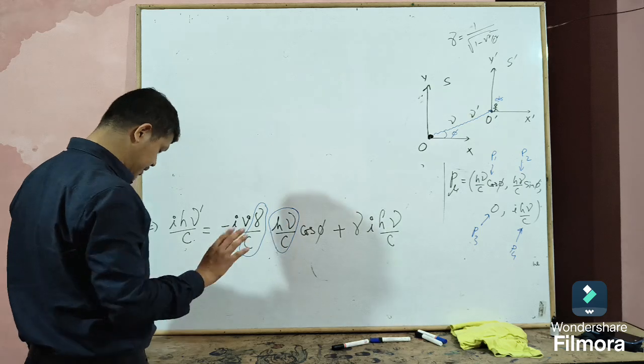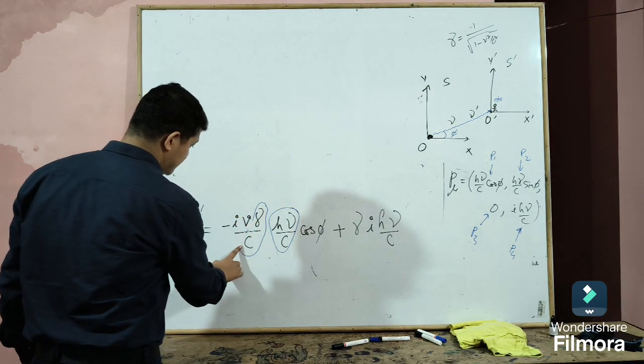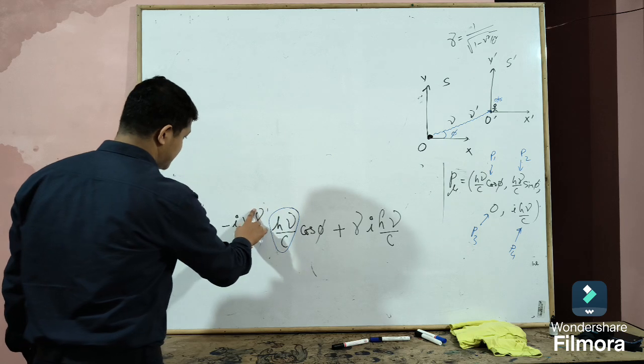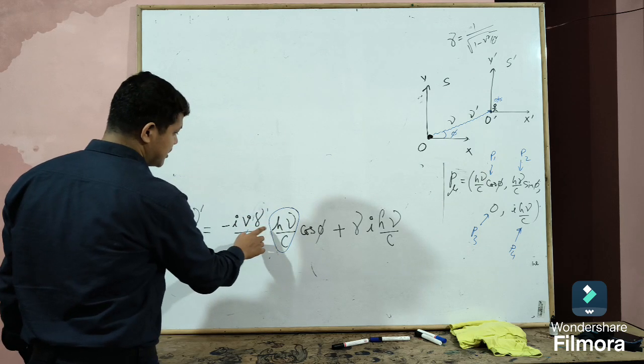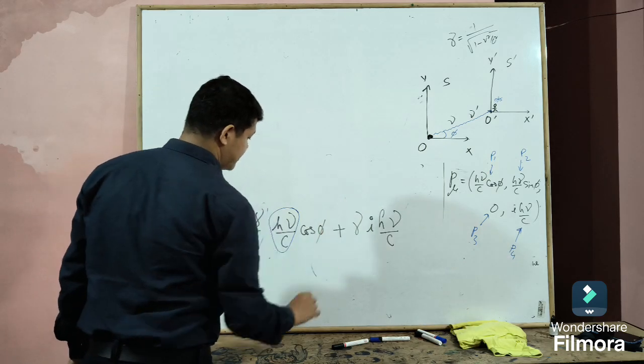Just do one thing. Let me keep this part. Let me take gamma common, h nu by c, gamma h nu by c. Let us take this part common.